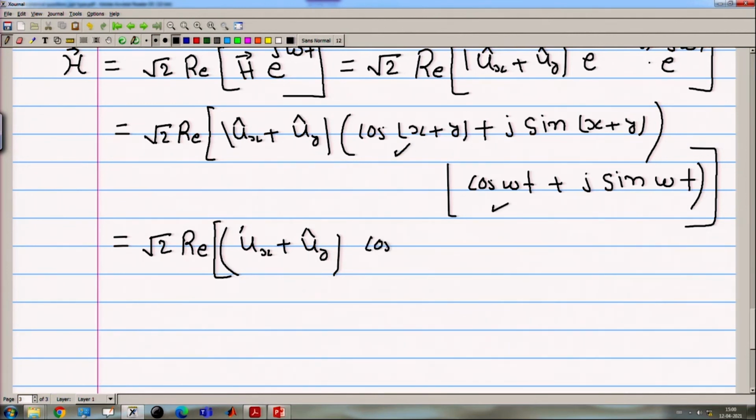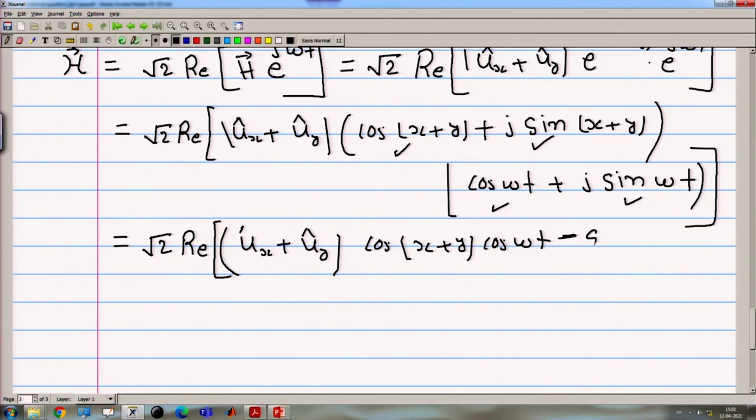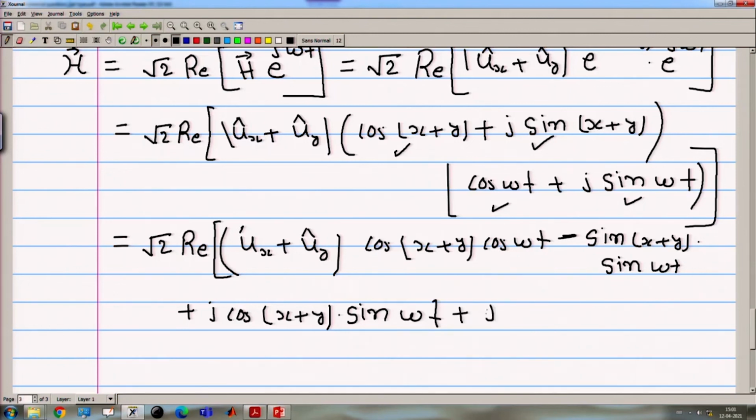So, this will be cos of (x plus y) cos omega t, and one more term will come from this multiplication, j square minus 1, minus sin (x plus y) sin omega t, and the other two terms will be plus j cos (x plus y) sin omega t, but these are the imaginary terms, plus j sin (x plus y) cos omega t.